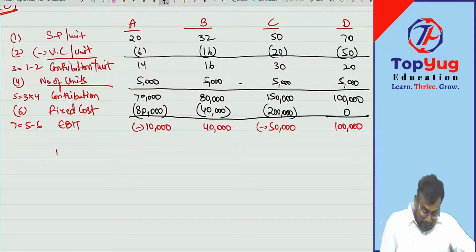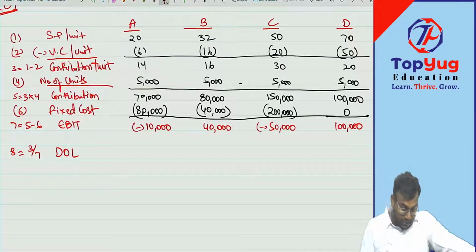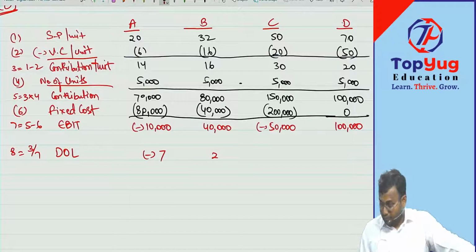Right? Again I am writing DOL also. So that would be 8. That is nothing but how? 3 by, very good, 3 by 7. So here it would be minus 7. Here it would be 2.